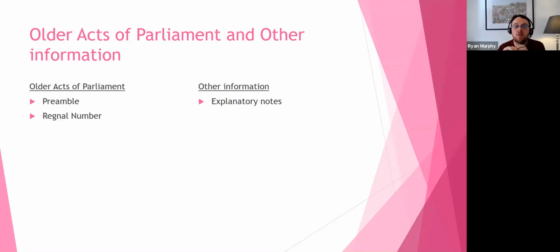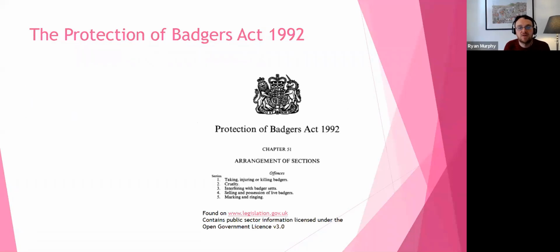So it gives a more useful everyday summary of the Act of Parliament. So if you're really struggling to figure out what an Act is trying to say, what you might do is turn to the explanatory notes, where you might get a clearer summary or a clearer idea of what it was that the draftspeople were trying to achieve.